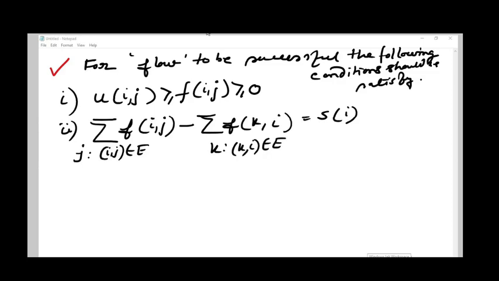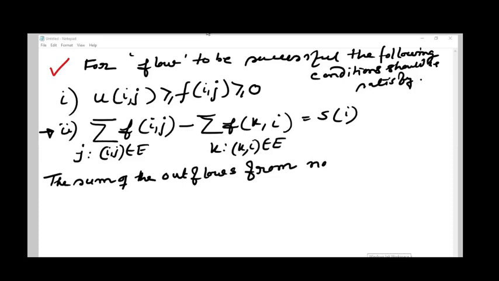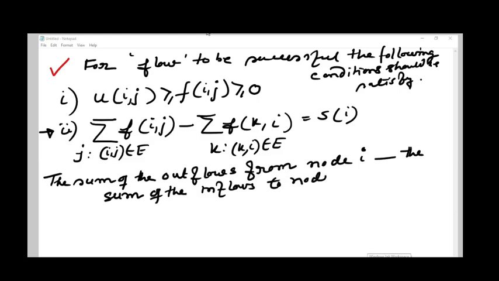Now, what is the meaning of this? The meaning of the above expression is that the sum of the outflows from node i minus the sum of the inflows to node i should be equal to the supply or demand.